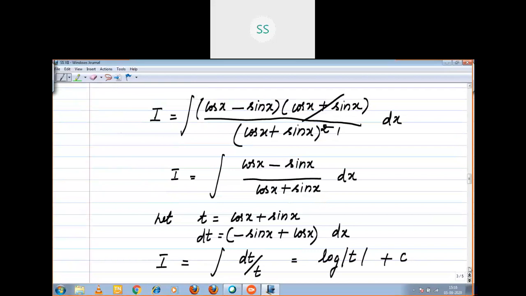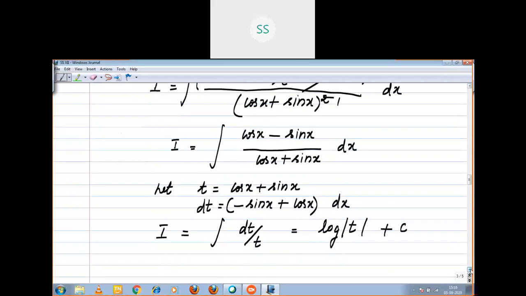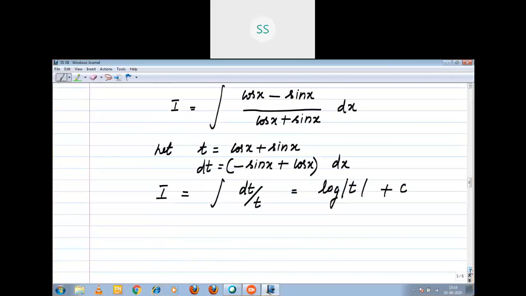Now t should be replaced in terms of what we assumed. I equals log of modulus cos x plus sin x plus c. Got it, children? Did you understand what I did? Say yes or no. Yes.